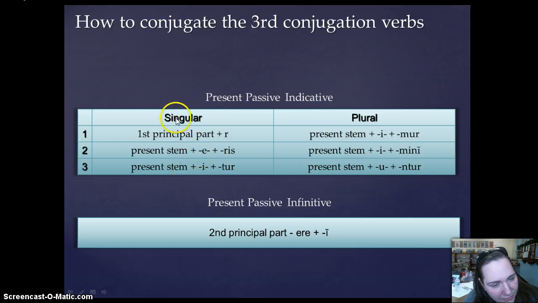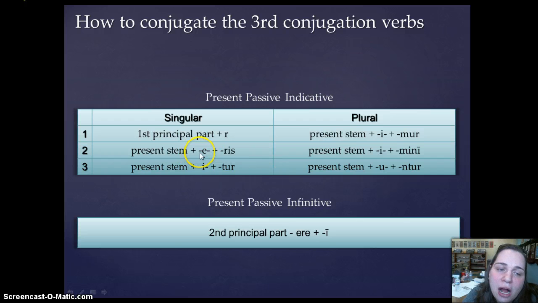In the passive, the pattern is somewhat similar, but again, a little bit different. First principal part plus an -r for the first person singular present passive indicative. After that, you need the present stem. And again, now that your present stem for third conjugation verbs does not have a vowel on the end of it, you need to supply the vowel.